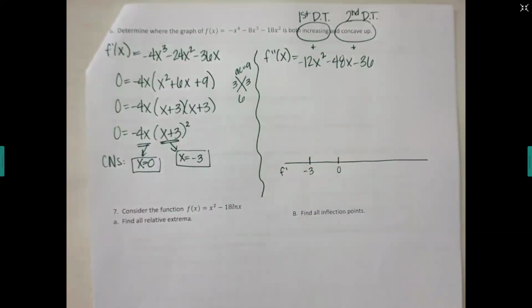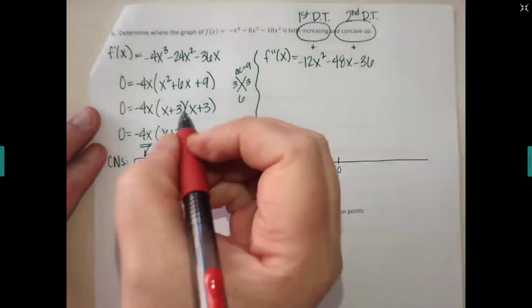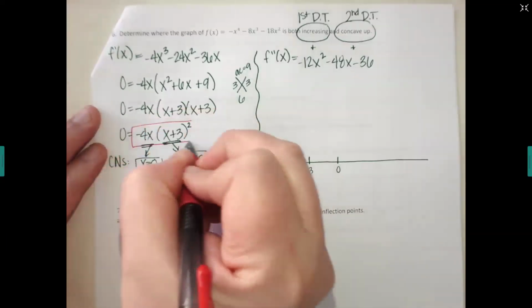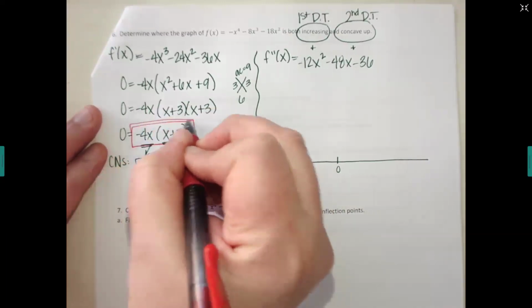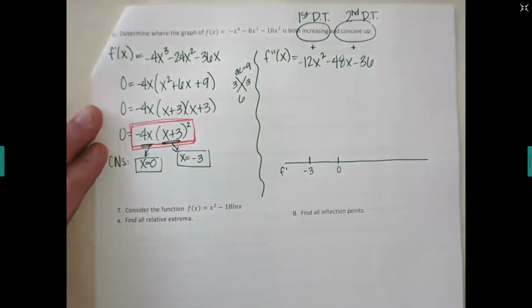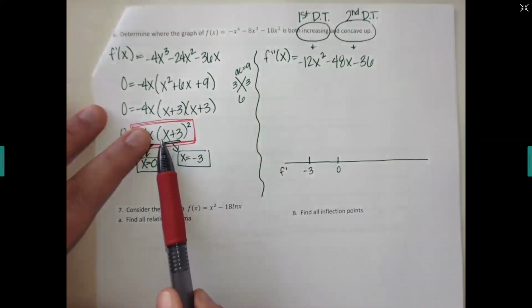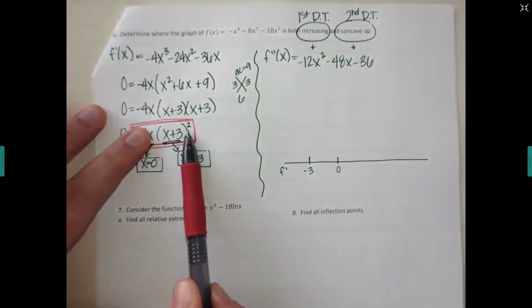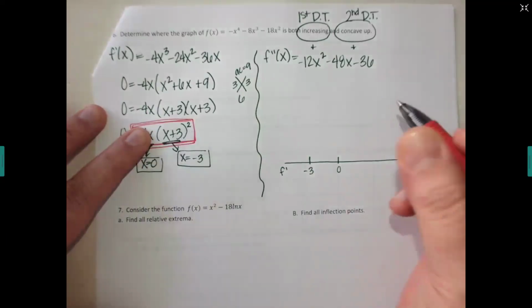Then I need a number bigger than 0. What could I pick? 1 is great. You're plugging into here, and you want to check the overall sign of how it would come out. So if I do 1 plus 3, what's the sign? Positive, then square it. Positive.